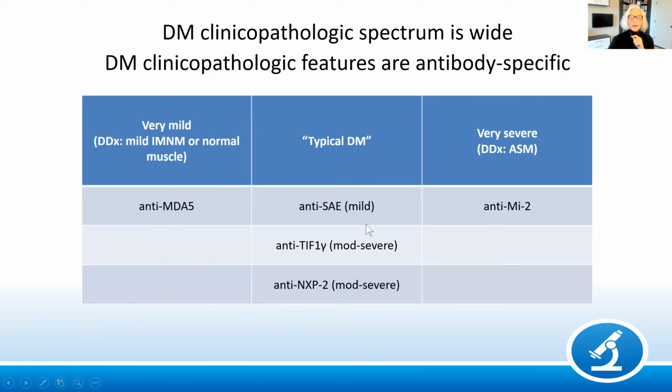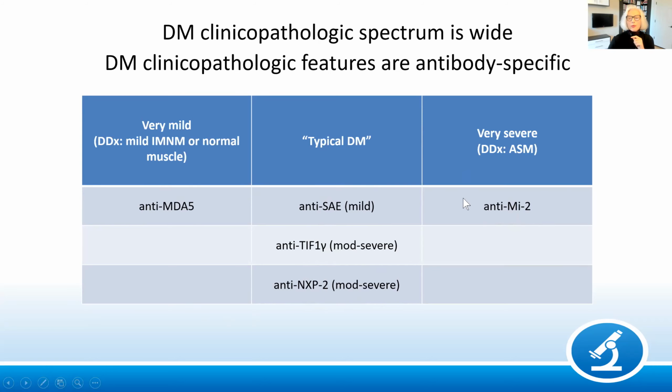So the three antibodies that we have here in the middle are what I think everybody would recognize as typical dermatomyositis in terms of the histology. But these two antibodies that are on the left and on the right are quite different and might actually be difficult.